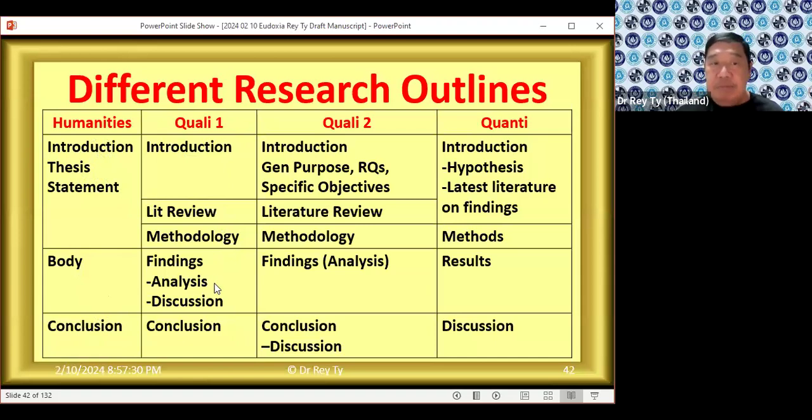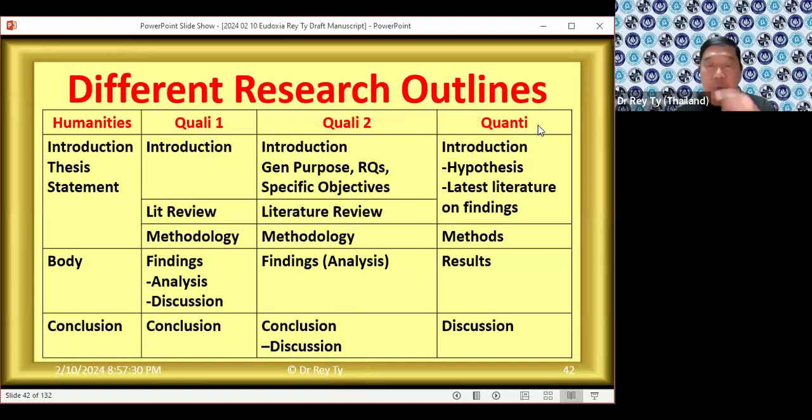The findings could be 2 parts: analysis, the facts and figures, plain, just what you have discovered. Discussion would be your own interpretation. This could be one step after the data that you have collected. And then conclusion. The second version is you have findings, which is plainly analysis, the facts and figures that you have gathered during your research, and the conclusion would include your interpretation. So there are different ways of presenting your qualitative paper.